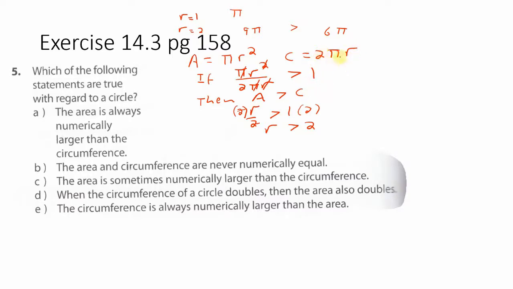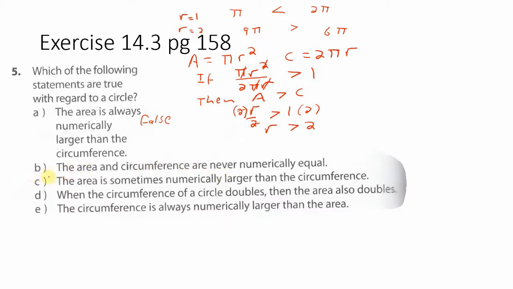We have 1 times 2 pi, which is 2 pi. And now we can see the area is in fact smaller than the circumference. So therefore we definitely know this statement A is false. We just have shown that it is false.